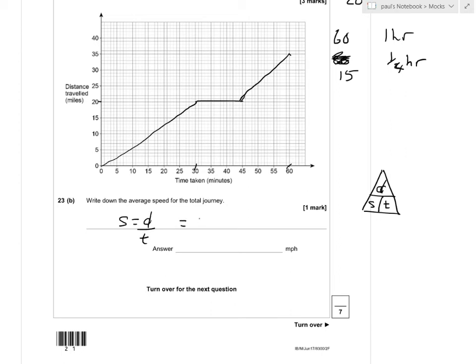The distance is 35. The time is 1. So that will equal 35 miles per hour. Right. Let's go.